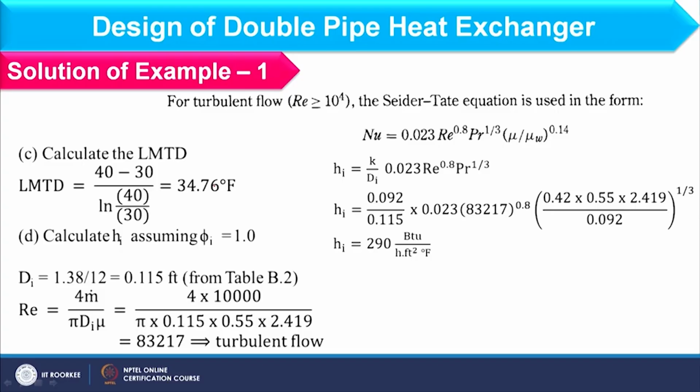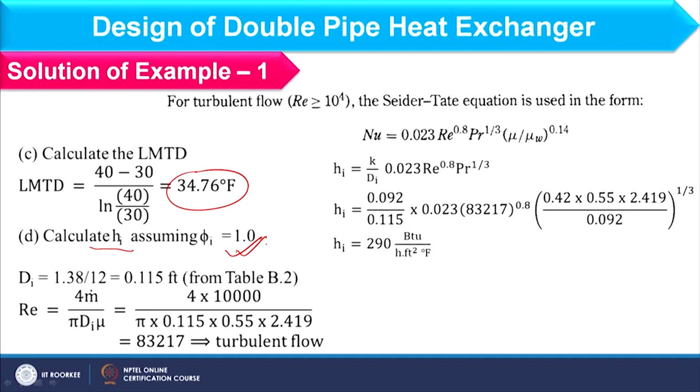So, you can simply calculate LMTD because that is a well known expression and you all know this expression, being chemical engineers. Here I have found LMTD as 34.76 Fahrenheit, and then we will further calculate the heat transfer coefficient at the inner pipe or at the annular side, assuming psi as 1.